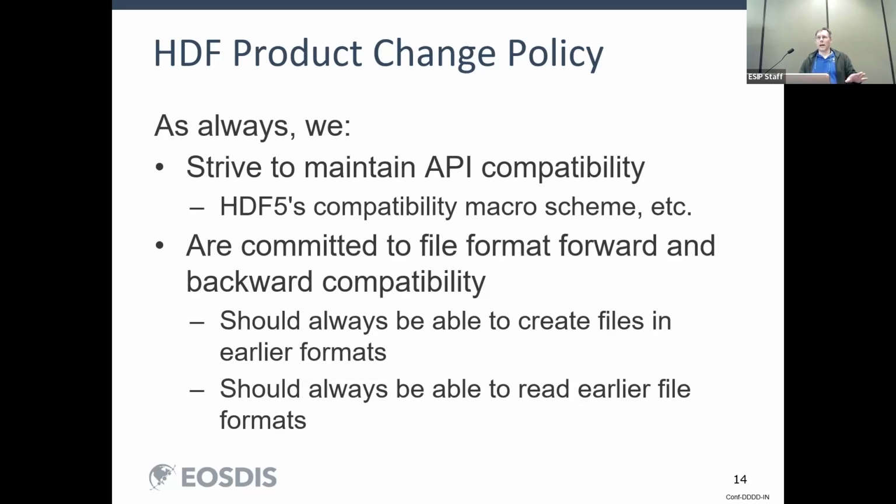You pick that at build time, and then we build the software so that, as far as you're concerned, it looks like the old versions of the library. And as far as file formats are concerned, we're very committed to forward and backward compatibility. You should always be able to create files in earlier formats for compatibility with earlier software, and you should always be able to read earlier file formats.